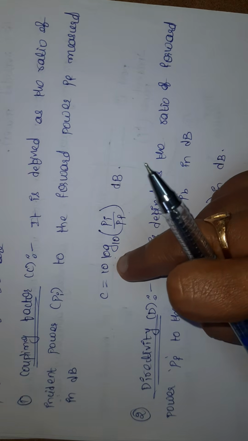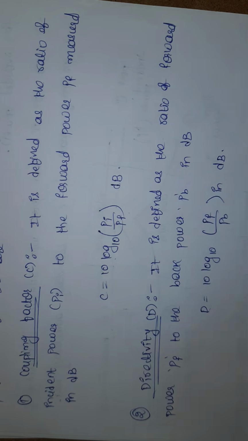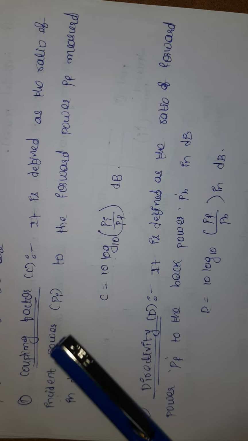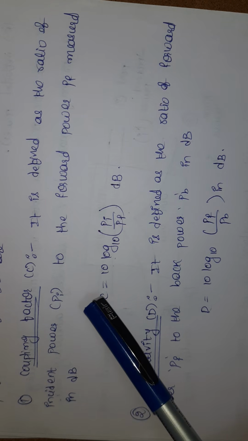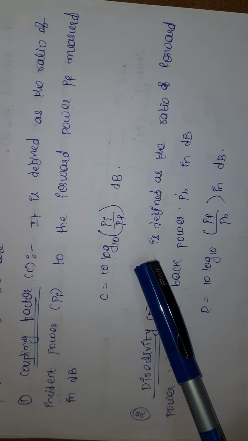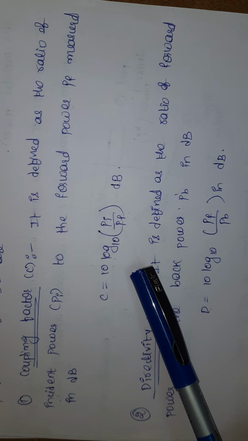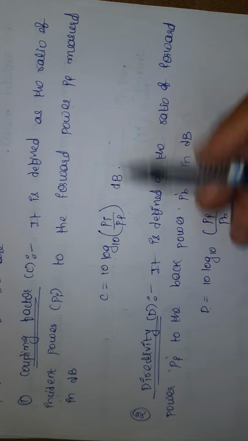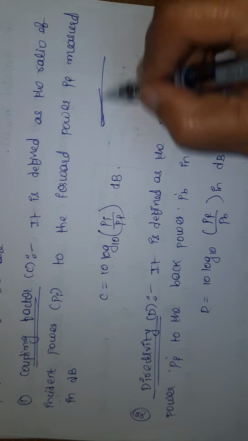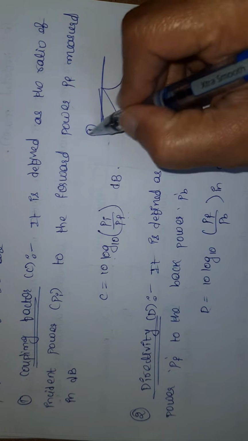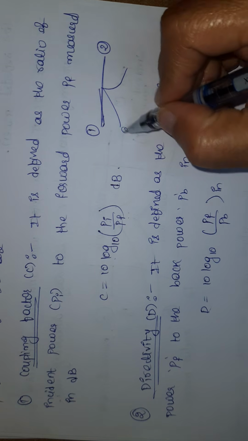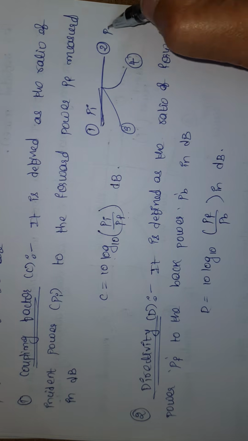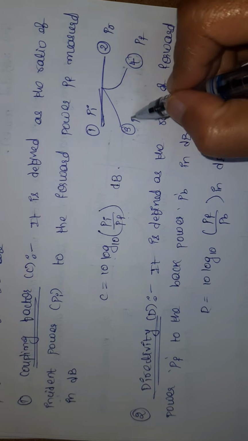Here, coupling factor is a measure of how much incident power is being sampled. Actually this is the main waveguide with port 1, port 2, port 3, port 4, carrying Pi, Pr, Pf, Pb.